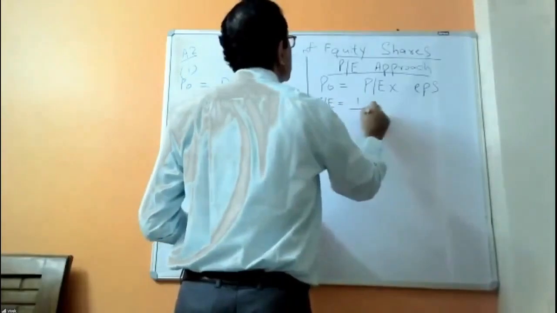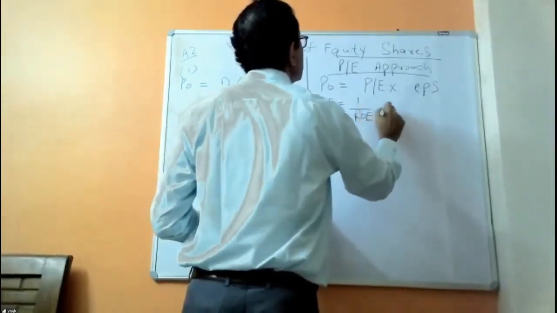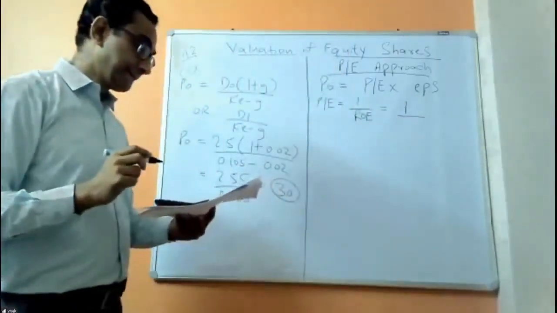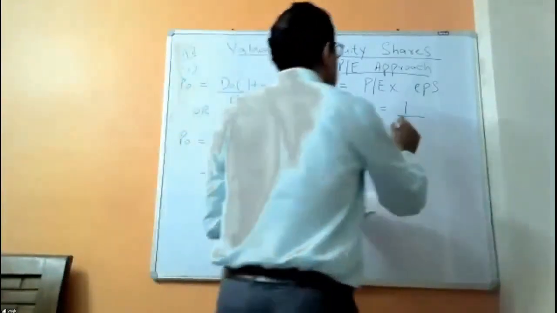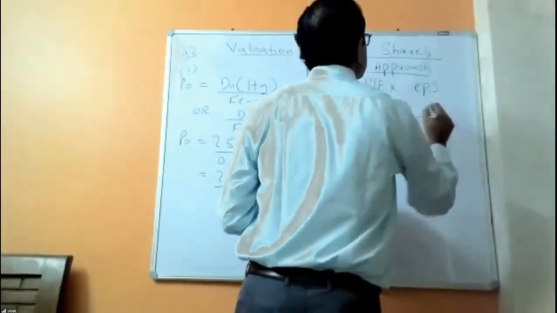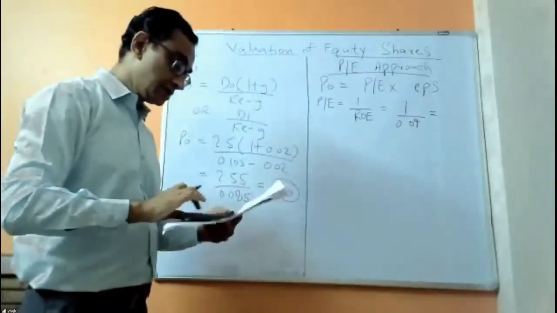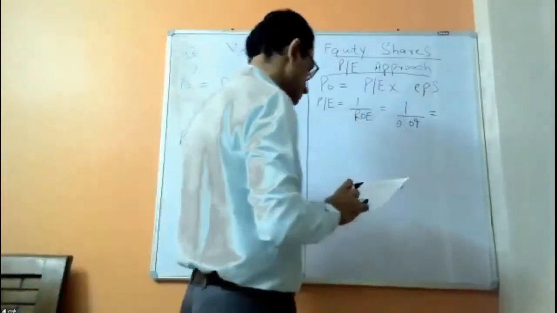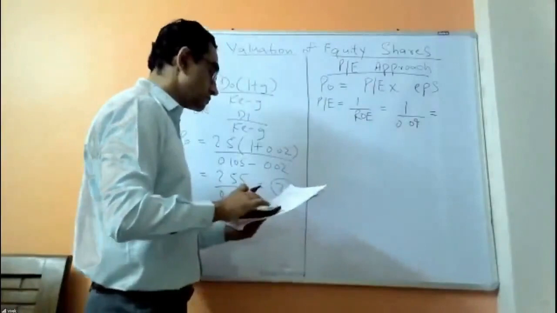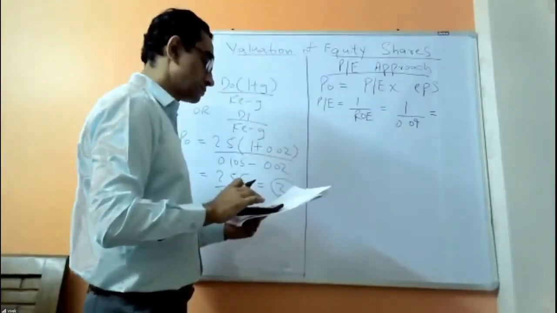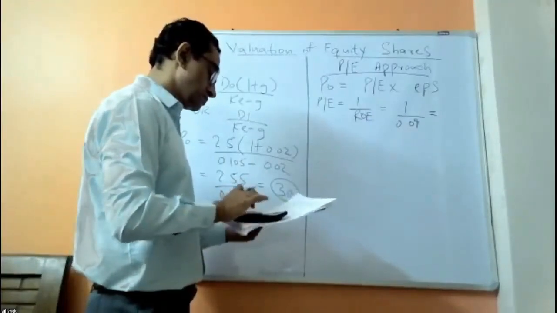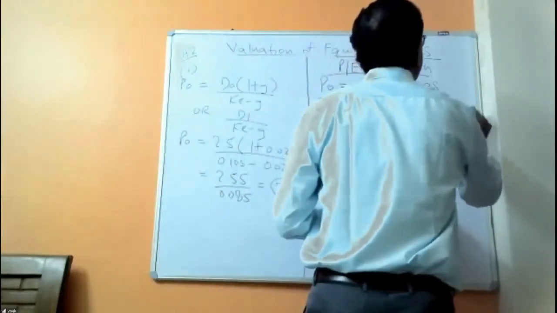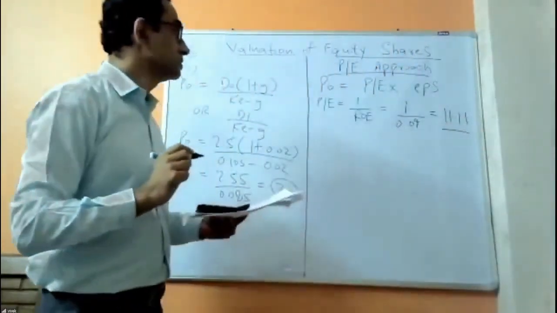Price earning multiple is equal to 1 upon this return on equity, that is equal to 1 upon, what is the return on equity? It is 9%. So what is the figure? Let us calculate it. 1 upon 0.09. That is 11.11. 11.11 is the price earning multiple.